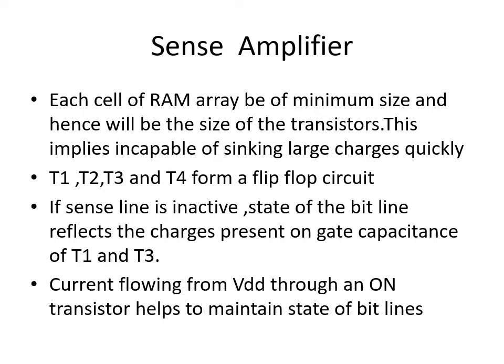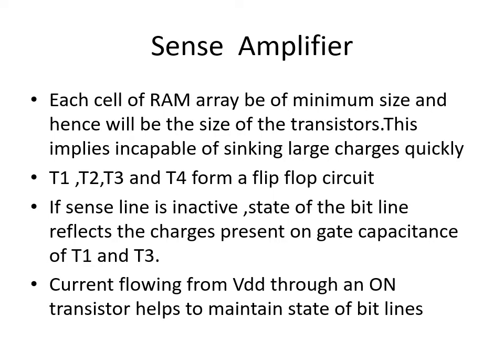Okay, so here see, initially the two lines are pre-charged, and based on the input, either the bit line will be retained in logic 1 or it will be pulled down to logic 0, right? Because of the size of the transistor, it takes too much time to discharge the stored charge, right?